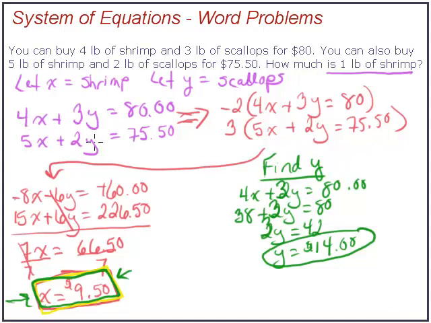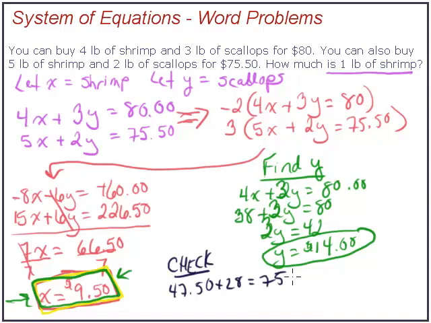There's not a whole lot of room right here, but I'll try to add this in. If you wanted to check, which you do, I'm just going to put this right here. Check. Okay, so 5 times 9.50 is 47.50. 2 times 14 is 28.